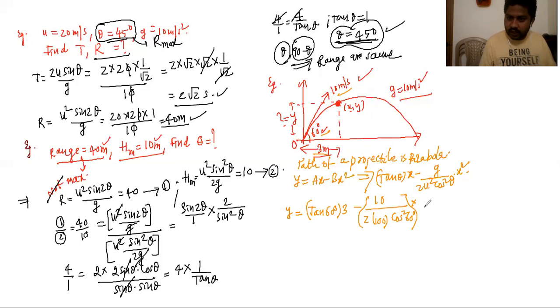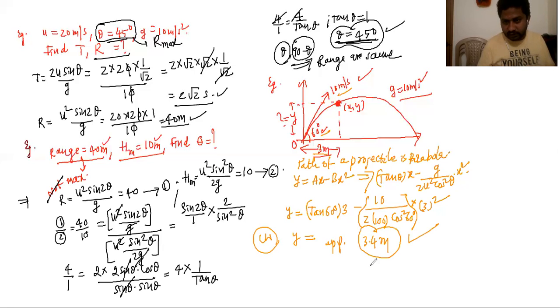What is x square? x square is 3 square. Simple. Everything you have except this y. This is your classwork. Just find out the y value and tell me the answer. So your y value is approximately 3.4 meters, my dear students.